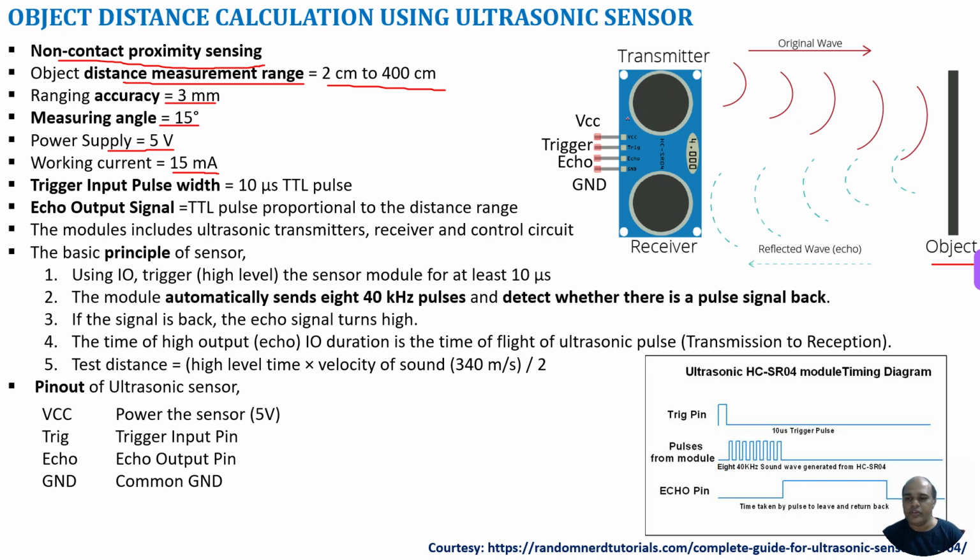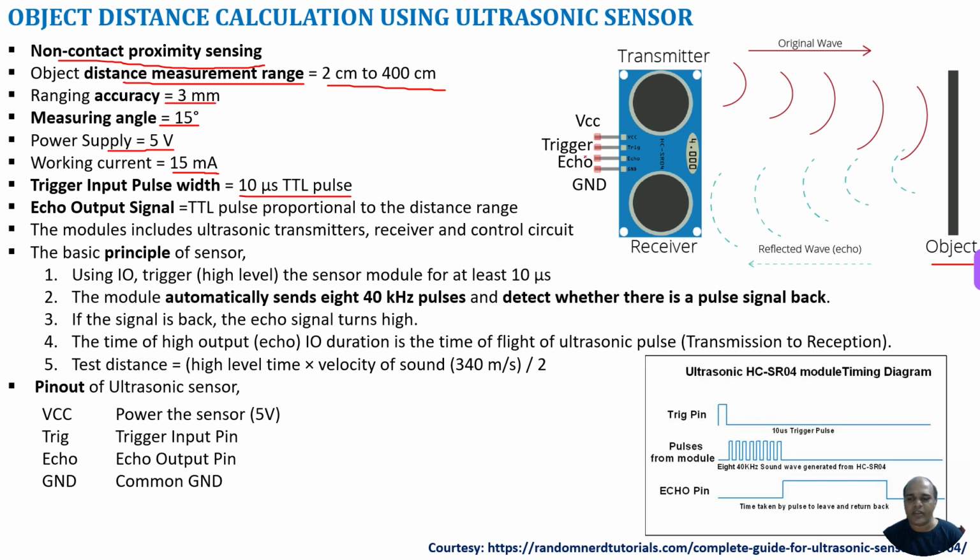In order to do this, the ultrasonic module has 4 pins: VCC and ground, which are the power supply lines, and 2 control lines, trigger as well as echo. The trigger signal should be a 10 microsecond pulse at TTL voltage levels. This signal will be generated by your microcontroller when I interface this ultrasonic module with it.